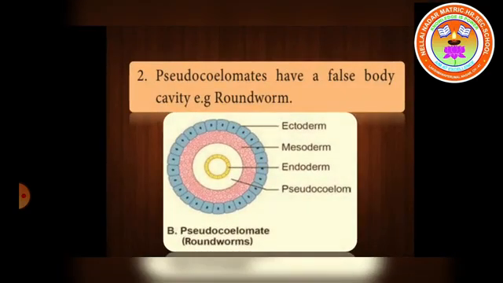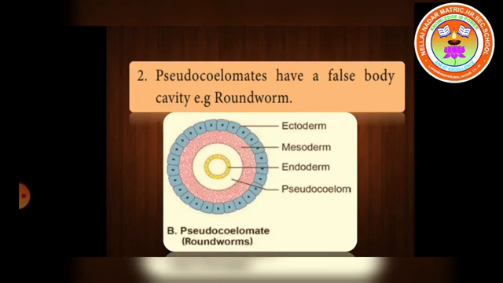And the second type is pseudocoelomates. Pseudocoelomates have a false body cavity. Example, roundworm.